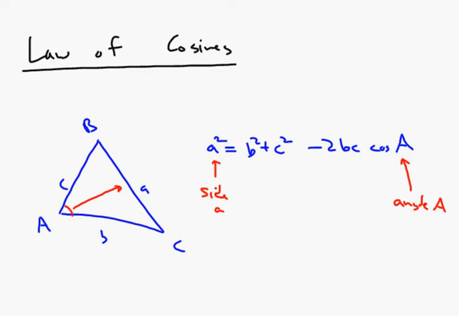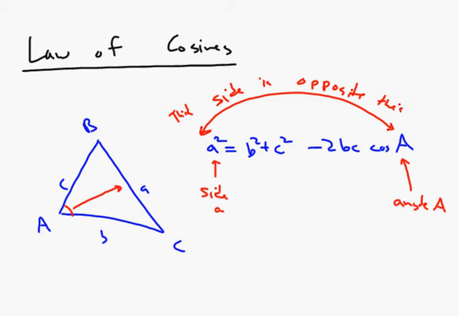So this formula means that whatever side you have here, it has to be opposite that angle. So I'll write it this way. This side is opposite this angle.